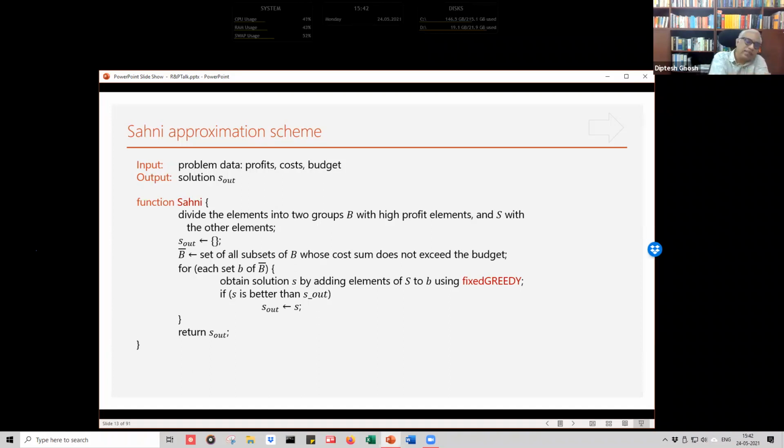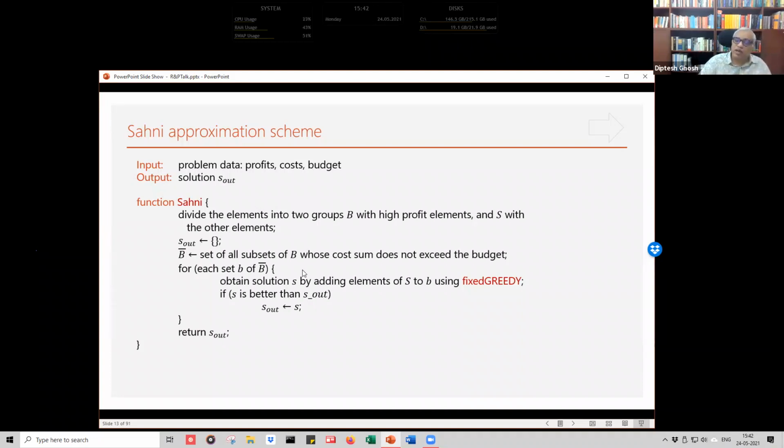Now, why is this method different if you have different times? So if you have less time at your disposal, this group, capital B, would have very few elements, right? If you have more time at your disposal, the group B would have a larger number of elements.